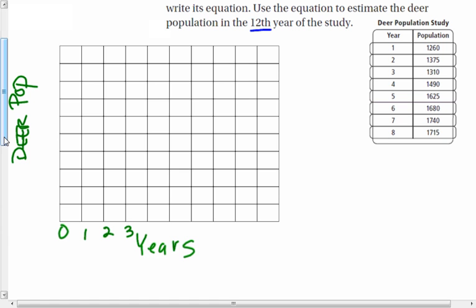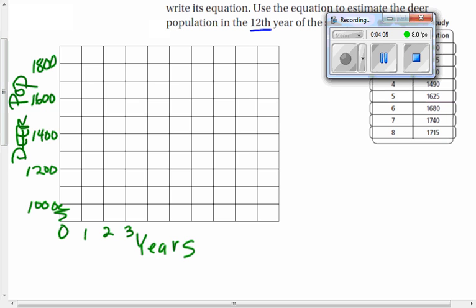And I'm going to skip a little bit here, so this little squiggly means that I'm skipping some, and I'm just going to start at 1,000. And then I'm going to go by 100s. So this would be 1,200, 1,400, 1,600, 1,800, and that should be good. And go ahead and plot those, and I'll check back with you.